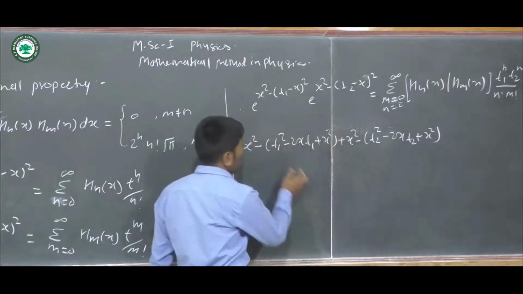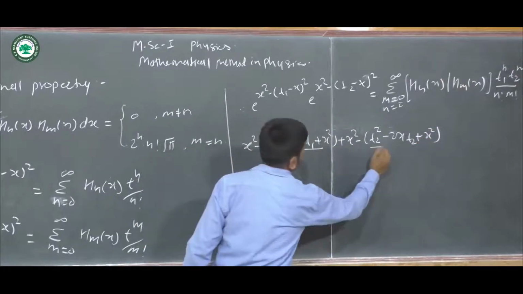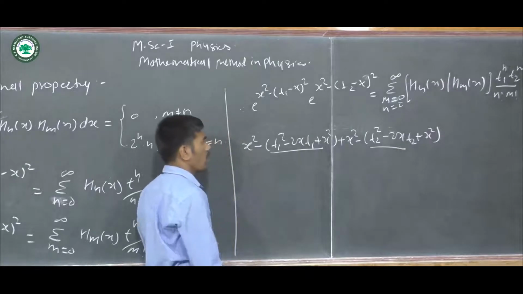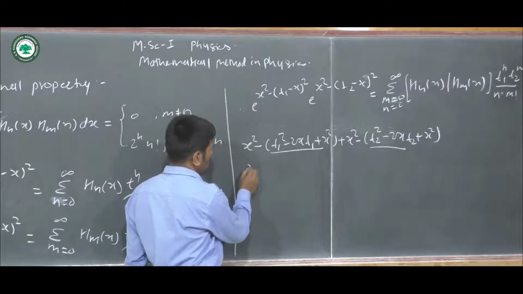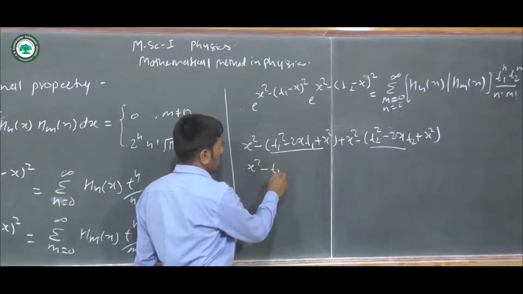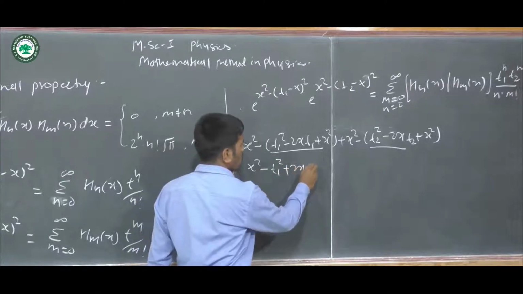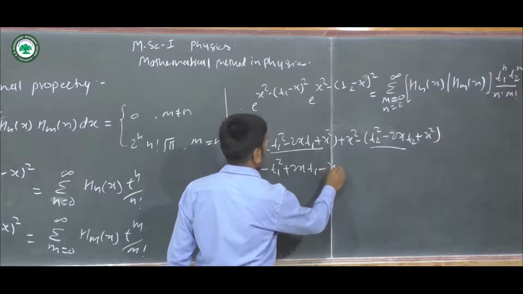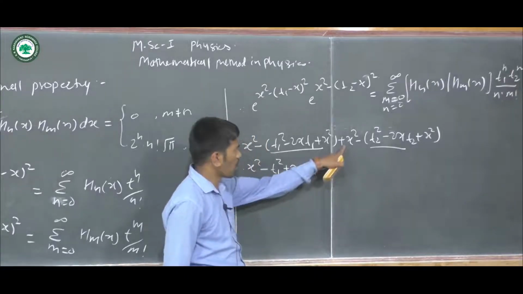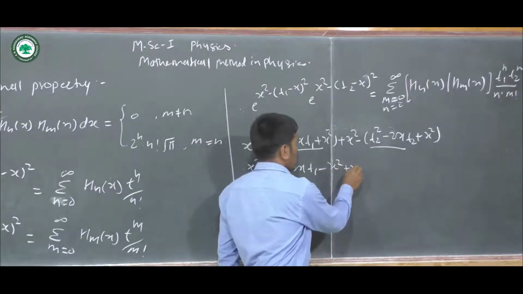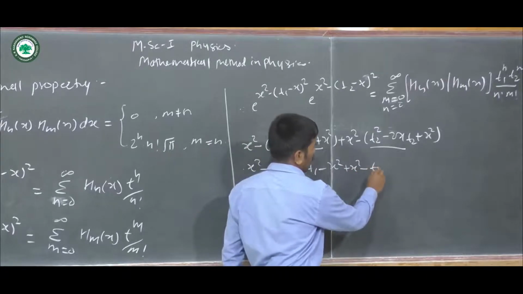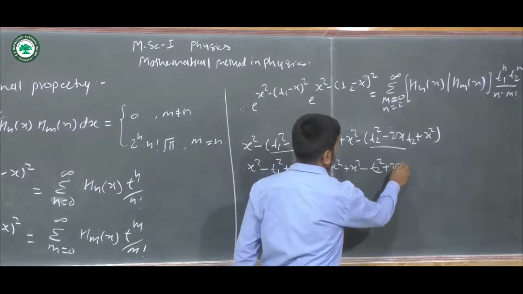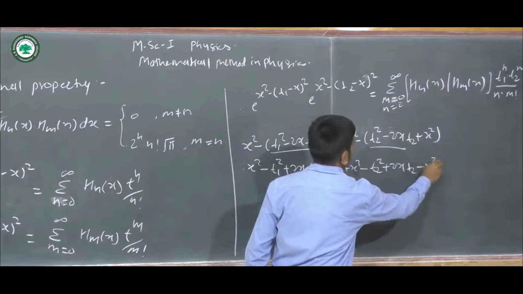If we open these brackets, the minus sign is multiplied into the whole bracket. So it is x square minus t1 square plus 2x t1 minus x square, and here plus x square minus t2 square plus 2x t2 minus x square.